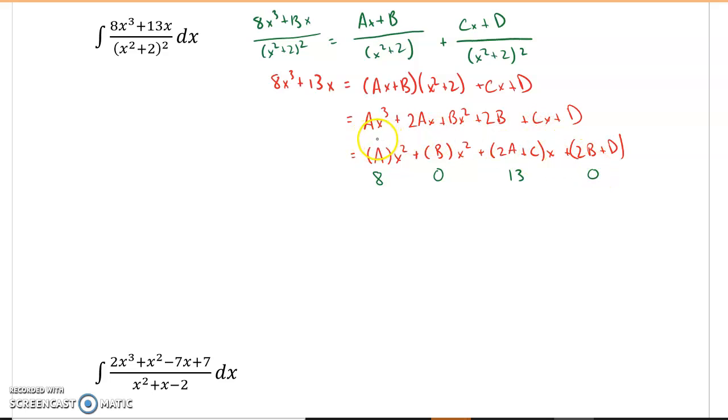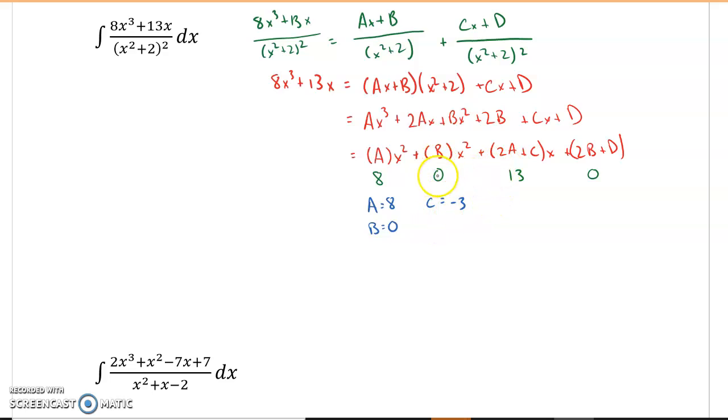So while we do have 4 unknowns, a, b, c, and d, the system is actually pretty easy because we've got a equals 8 and b equals 0, which means that c equals, well, if a equals 8, we've got 16 plus c equals 13, so c has to equal -3.